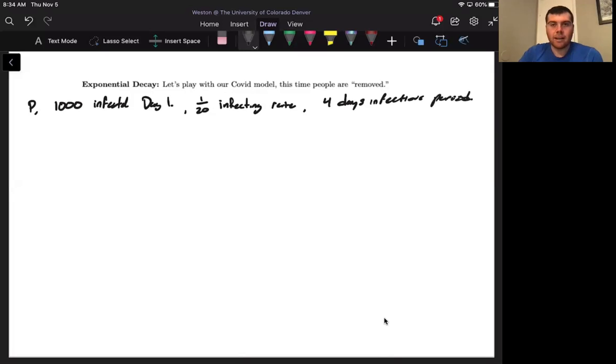Now, this setup is not exactly what COVID is. You know, people think that you're infectious for COVID for 10 to 14 days. Choosing 4 in this example will make the numbers work out nicely. Otherwise, I would do 14. But if you want to be more realistic, you can just follow along, and anywhere you see a 4, just replace that with a 14.